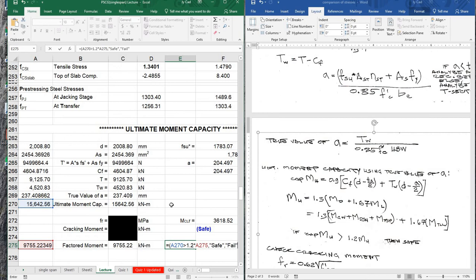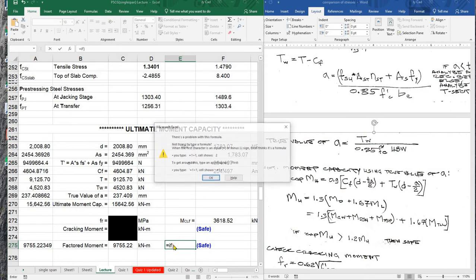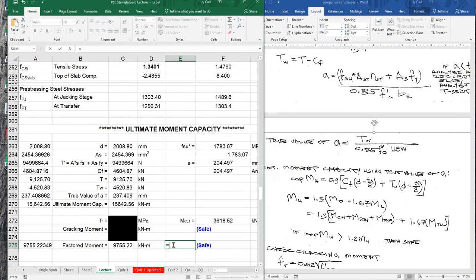Okay, ulitin ko lang. If capacity MU ito is greater than 1.2 times factored moment, then print safe, otherwise you type or print fail.